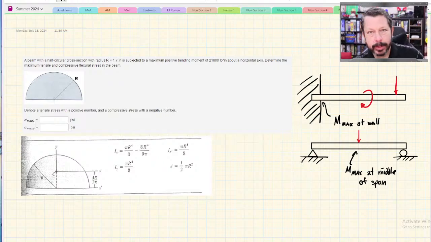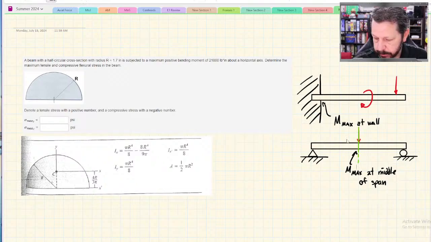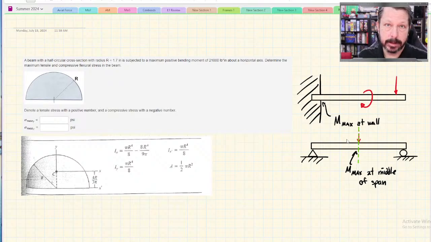It doesn't have to be a point load in the center, just as long as everything's symmetric. As long as you have an axis of symmetry, then your maximum bending moment is at the middle of the span. So the span is the distance between the pin and the roller in this case.